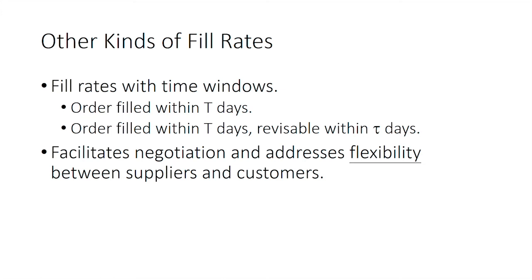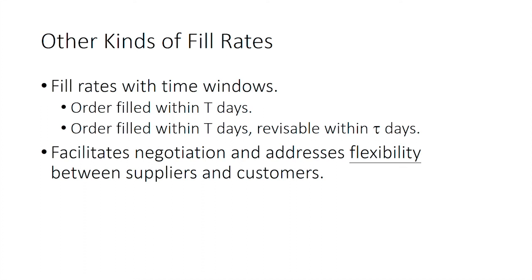If the order takes quite a long time to finish, the company might want to adjust their order size after having their sales forecast revised. For example, there might be some agreement between two parties that the order has to be filled within 60 days, and the order size is revisable to a certain extent within the first 10 days.